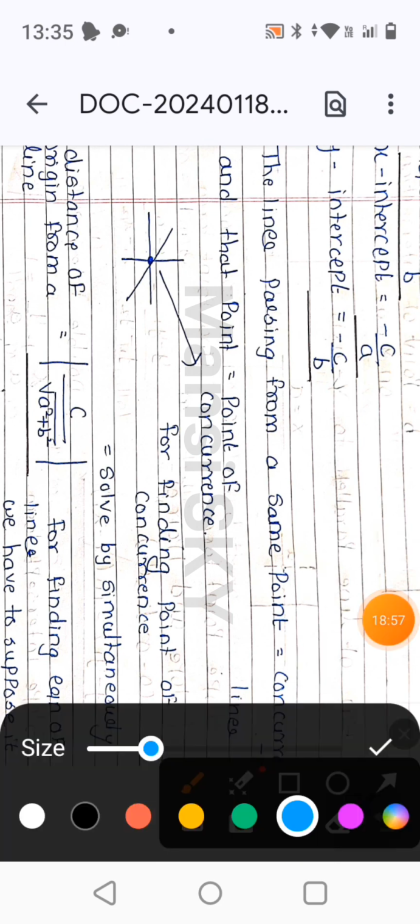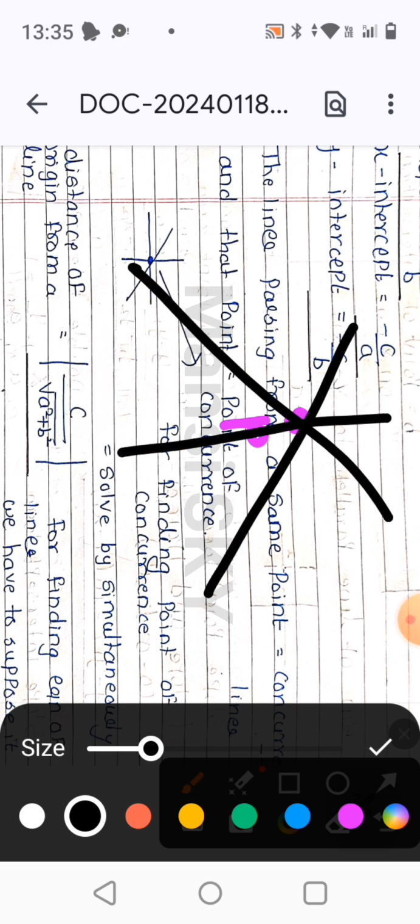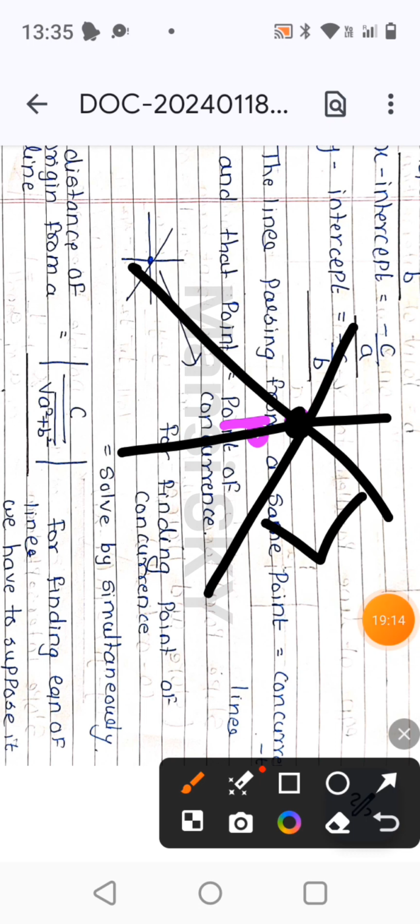Let me explain in detail. If we have this point P, and lines 1, 2 and 3 pass through this point, then the lines are concurrent lines, and this point is the point of concurrence.